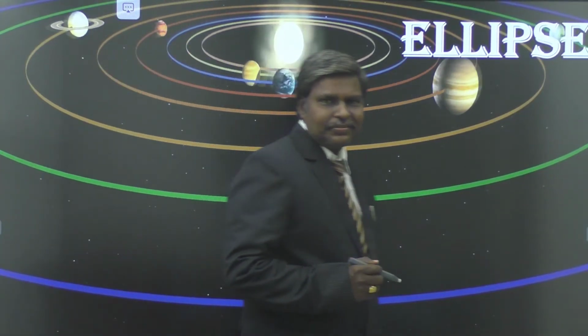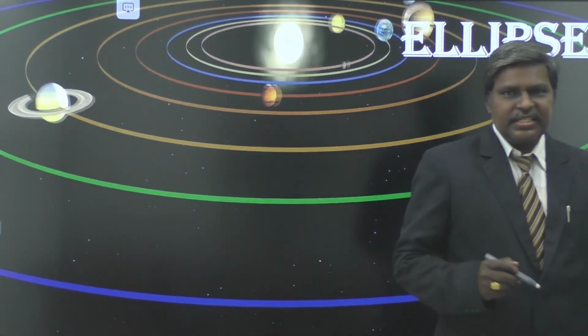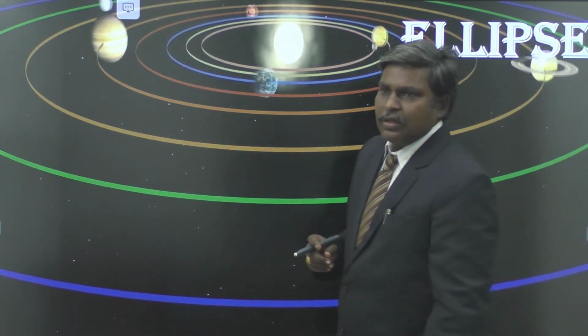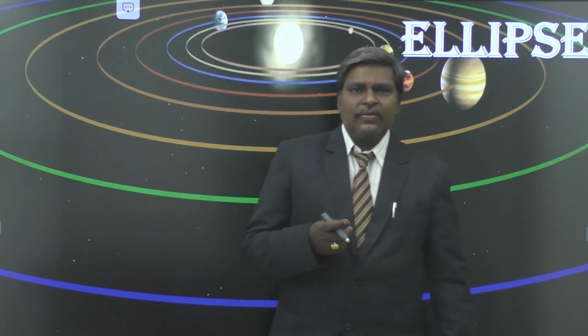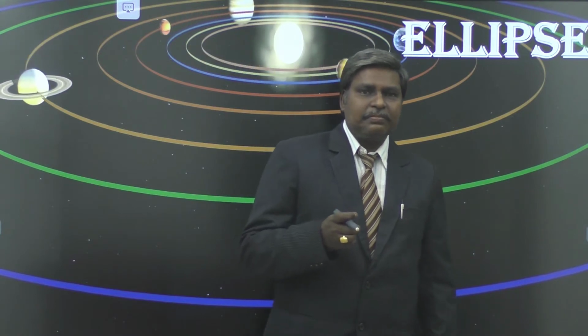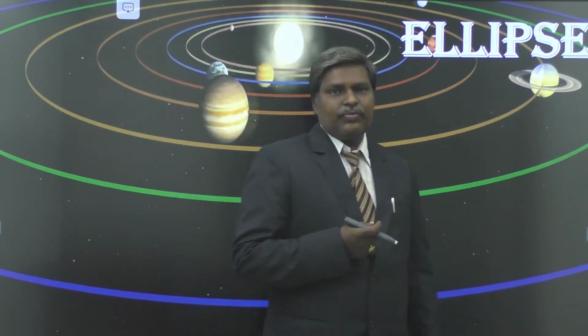Hello students, in the previous class we discussed the properties of normals to the ellipse. What are they? The sum of the eccentric angles of four conormal points of an ellipse drawn from any point is an odd multiple of pi.